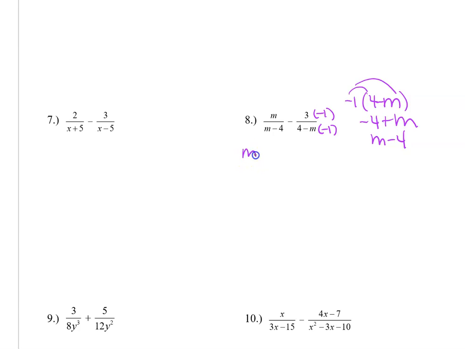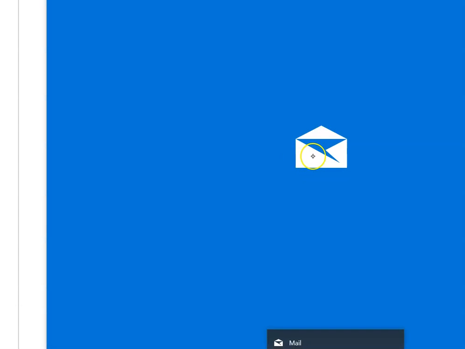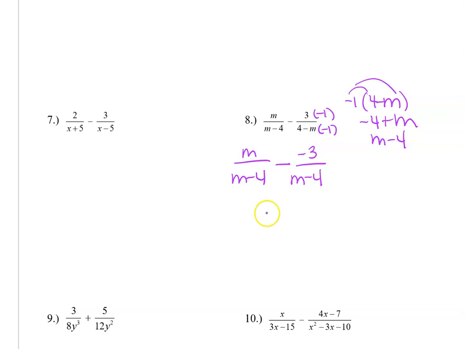So in doing that, I actually can rearrange this to now look the same. m minus a negative, m minus a negative goes to plus, so this goes to m plus 3 over m minus 4.